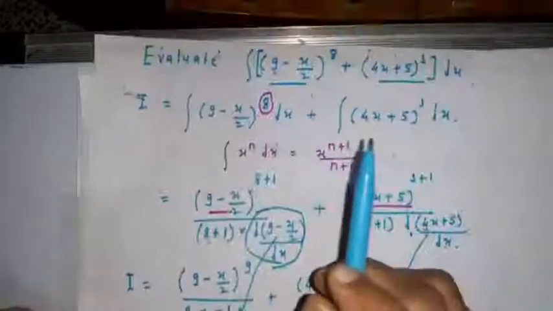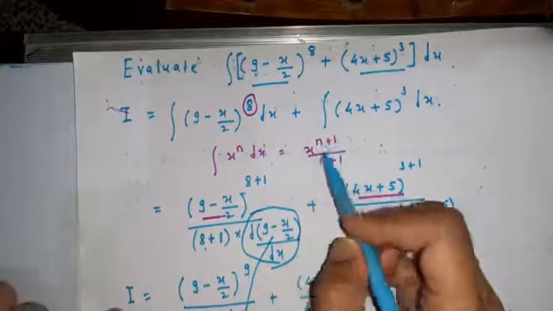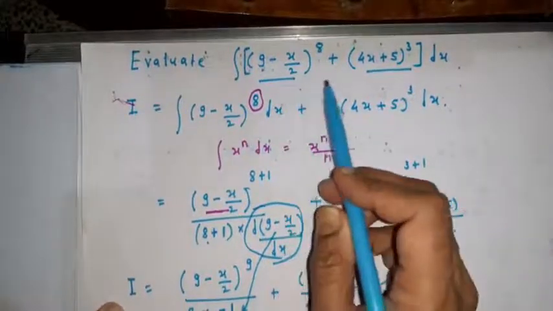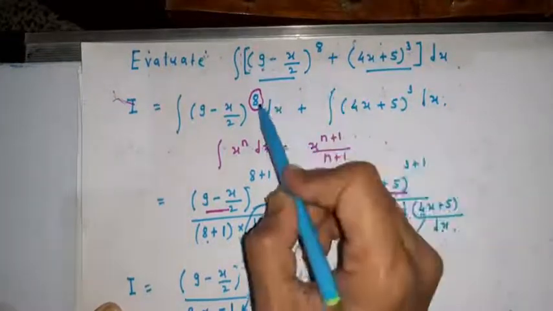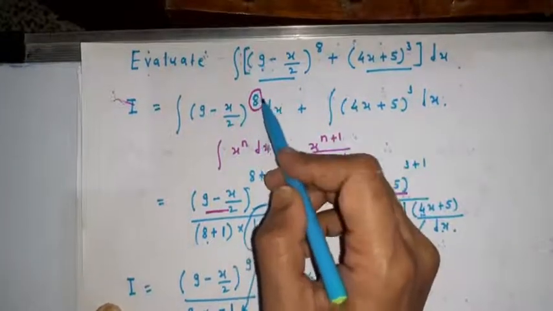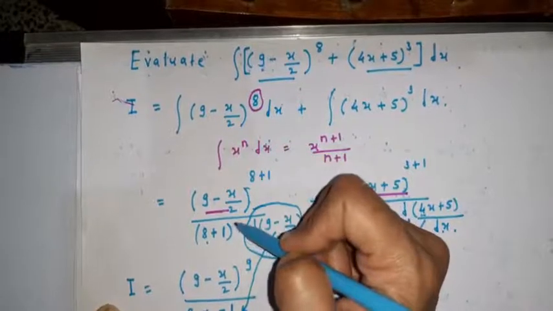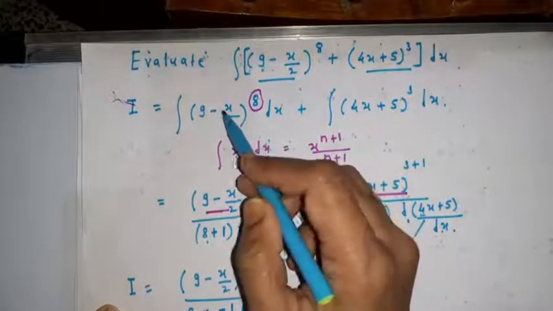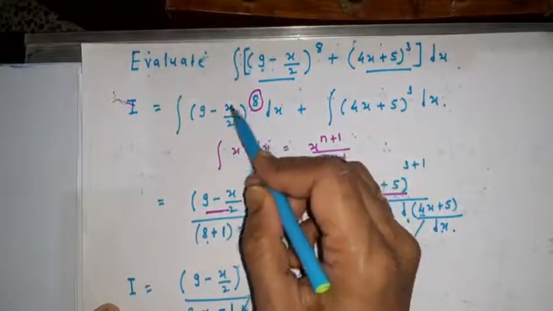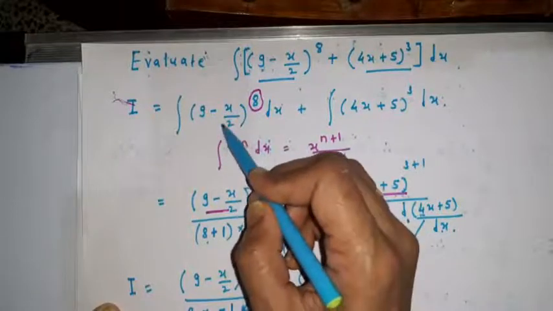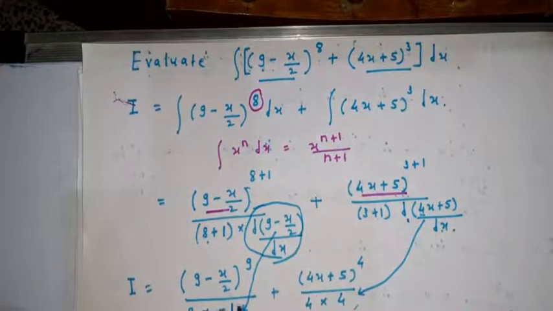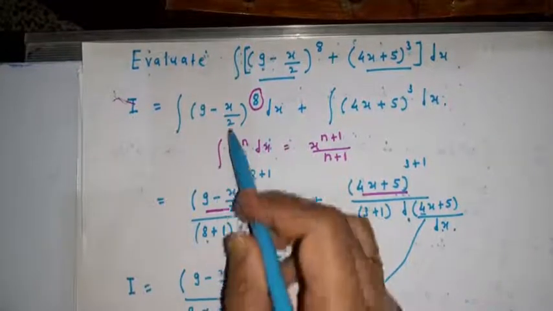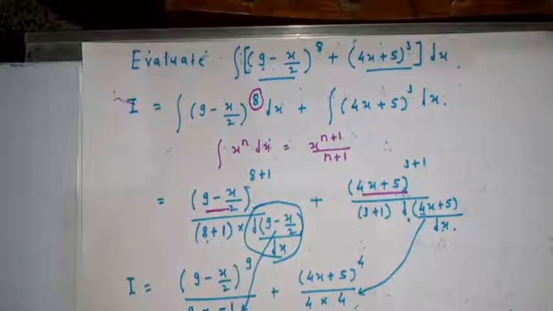Here in this problem, you have to remember one thing: if we find the integration of the main function, suppose by using the power formula we have found the integration, and the inner function is differentiable, then take its differentiation and divide by that term.